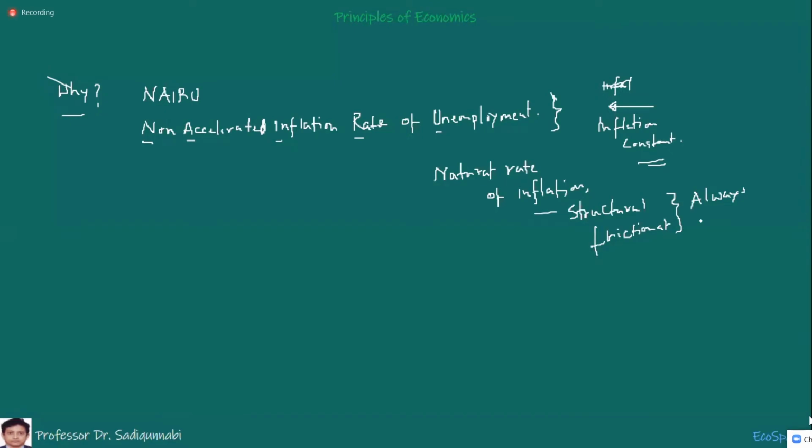Structural and frictional unemployment is always there. So no country in this world can claim 0% unemployment rate. Okay. From 0 to 5% natural rate of unemployment must be there.